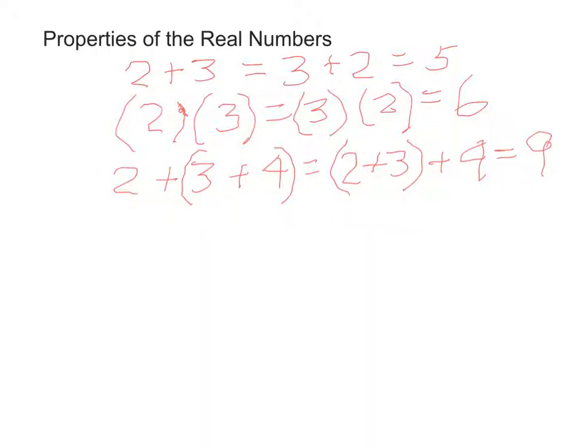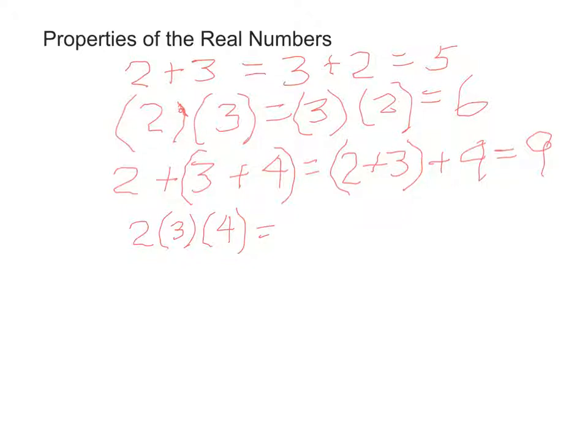Now similarly, I could say 2 times 3 times 4. And I could say, well, 2 times 3 is 6, 6 times 4 is 24.